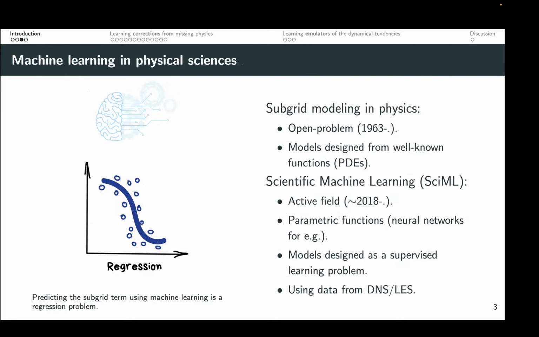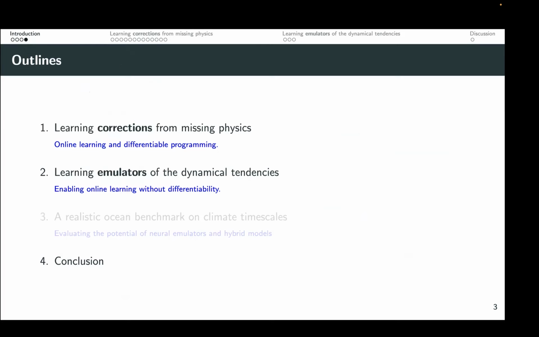This has been an open problem in physics for a long time, starting from the work of Smagorinsky many years ago. Recently, it has been an active field using machine learning again. People have started generating data from high resolution simulation and learning the correction, the subgrid term, as a supervised problem. That has been presented just before by Julian, I think.